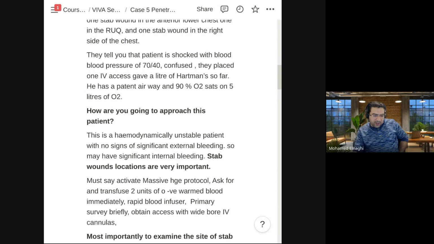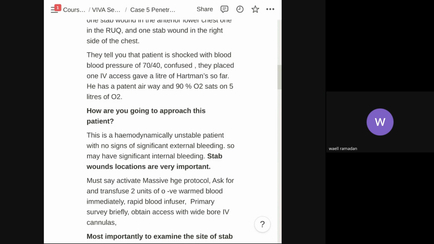So you need to be familiar with the massive transfusion protocol in your hospital. Sometimes, if you've got a patient who's hemodynamically unstable and you don't have blood immediately available, you may need to give them O negative blood.